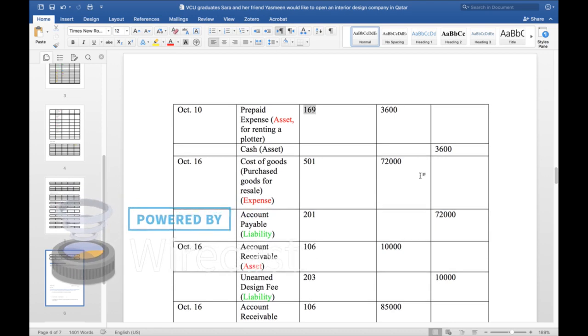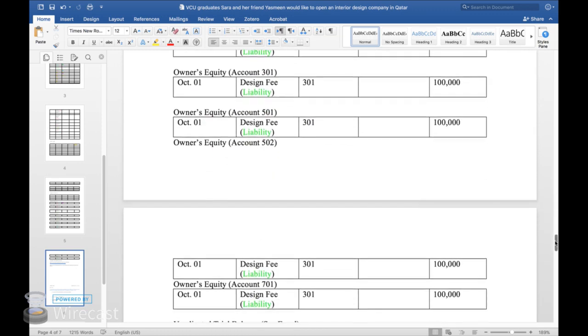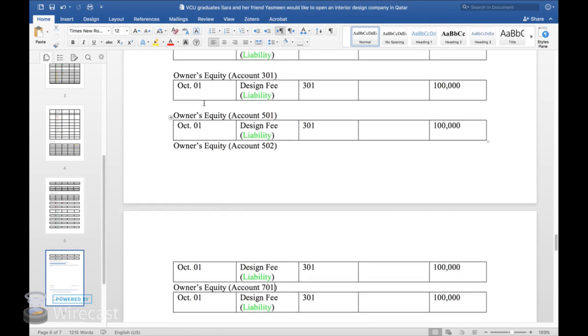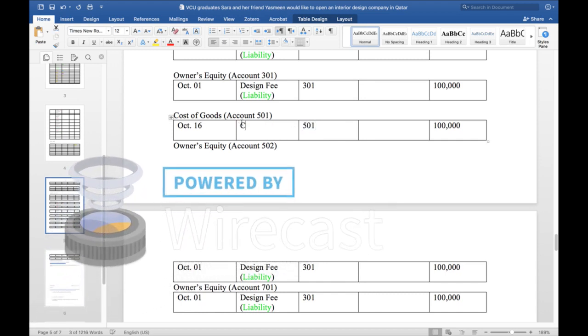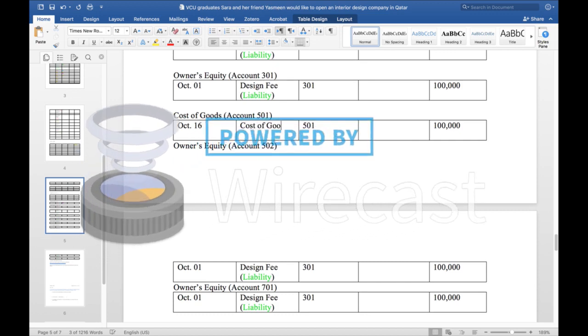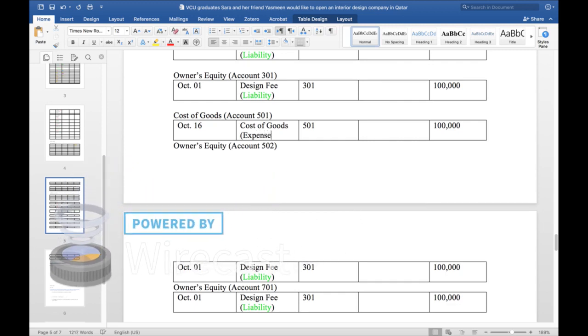Okay, 501, 72 in the debit column, October 16. Cost of goods. Okay, good memory. 501, cost of goods, October 16. 501, cost of goods, expense.